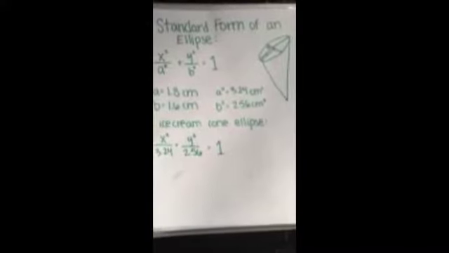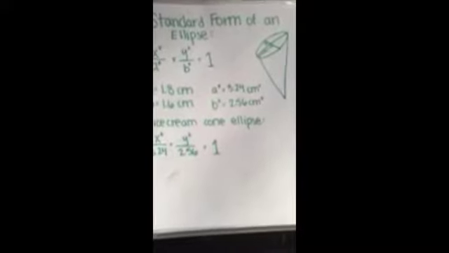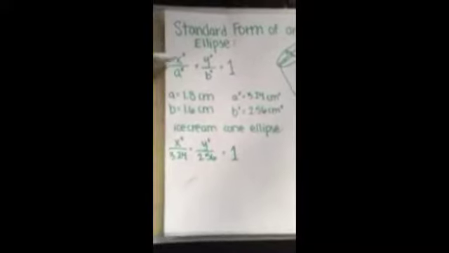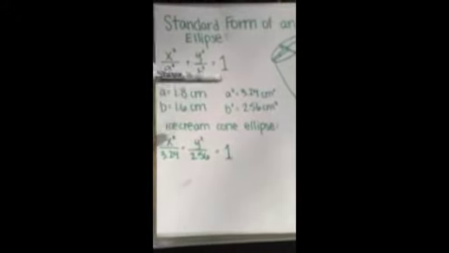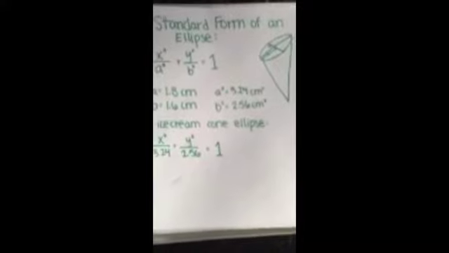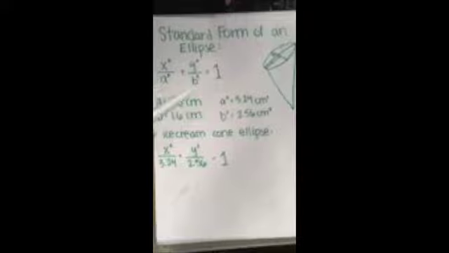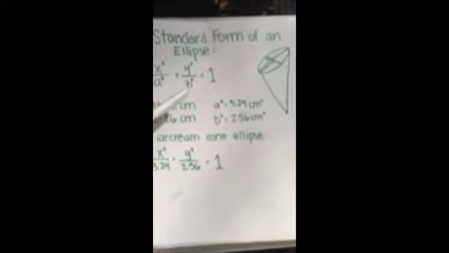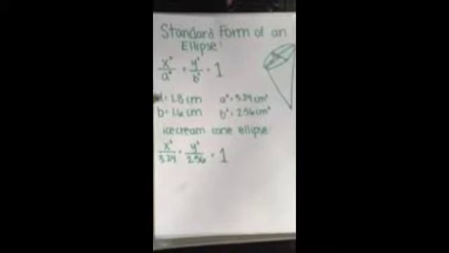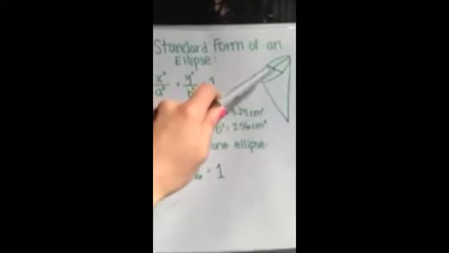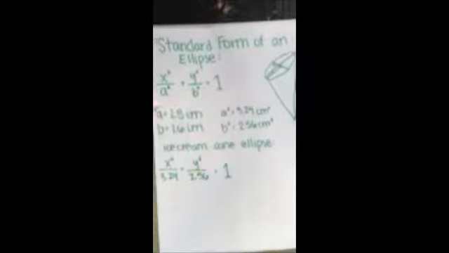Let's start by finding an equation for the elliptical ice cream surface. The standard form of an ellipse is x squared over a squared plus y squared over b squared equals 1. In the equation, a equals the semi-major axis and b equals the semi-minor axis. We can find these in the ice cream cone by finding half of the major and minor axes.